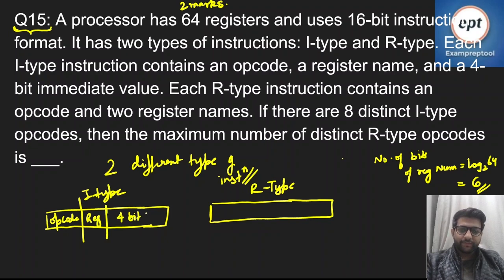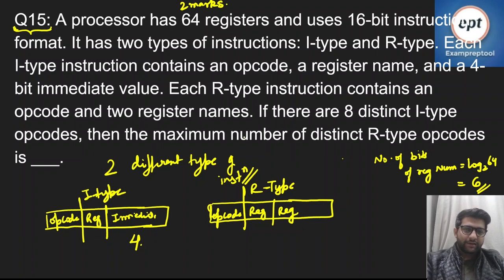So let's write it as immediate, and this is of 4 bits, right? And each R type instruction contains an opcode. So for R type, the format is opcode, then 2 register names, and that's it. So the format is like this for R type instructions, right?